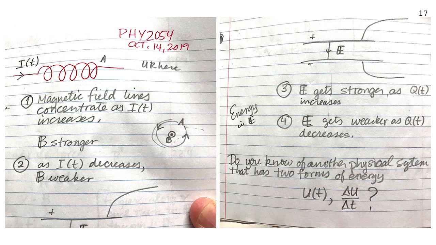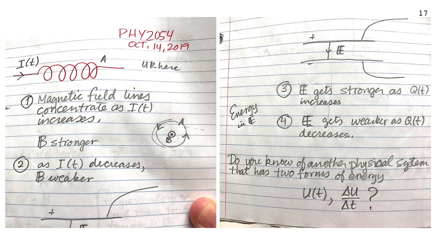What's I of t? What's the definition of I of t? Current is a function of time. That's right. Current past a point. But in terms of Q, how do we define it using Q? Delta Q over delta t. So this is a delta Q over delta t up here, and this is a Q.